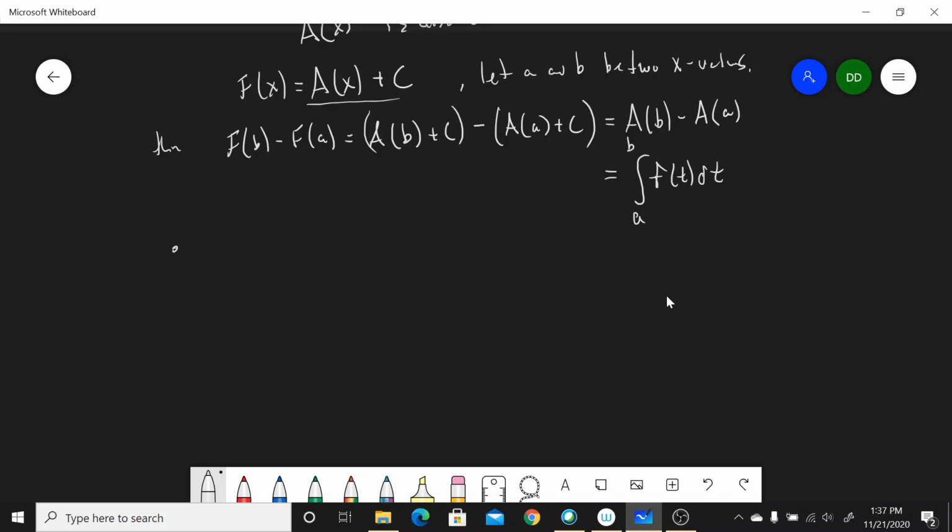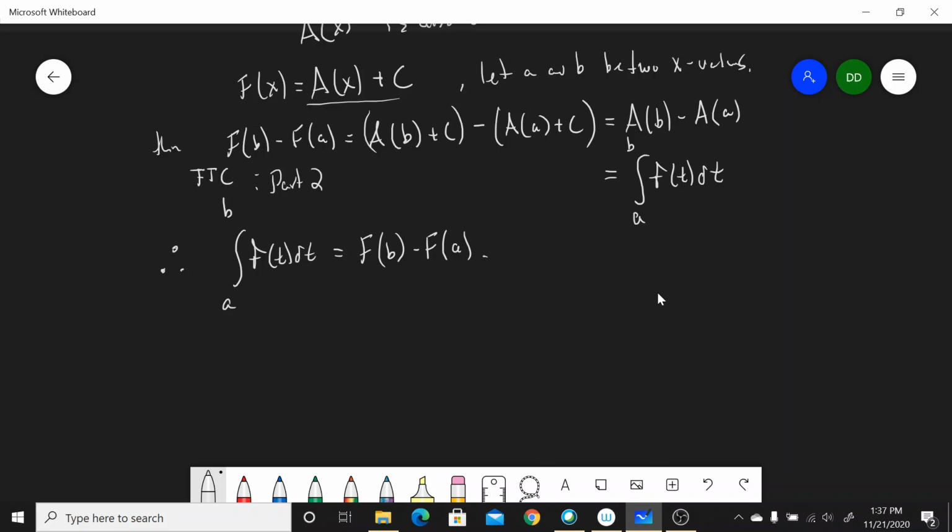So that is, in conclusion, the integral from a to b of f of t dt is exactly F of b minus F of a, where big F is any antiderivative for little f. And that's part 2 of the fundamental theorem of calculus. And that is how it's proved.